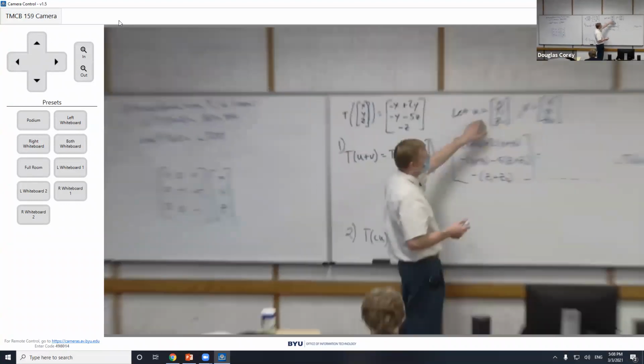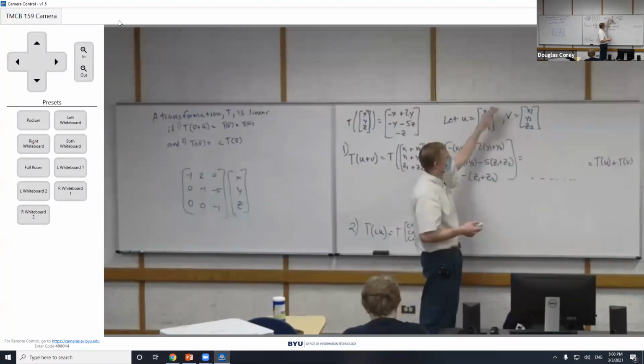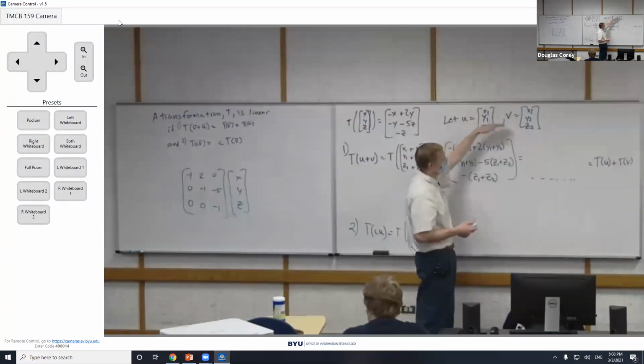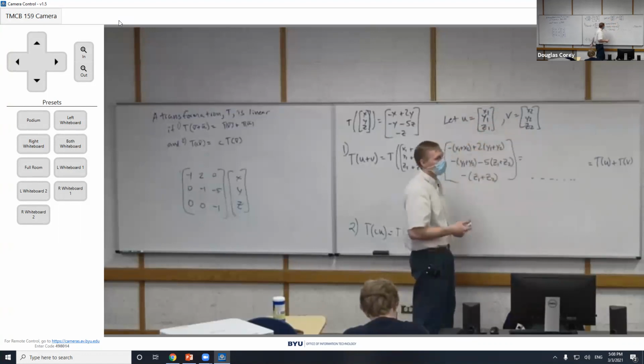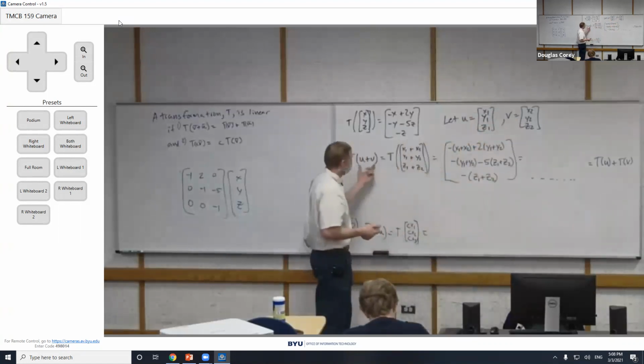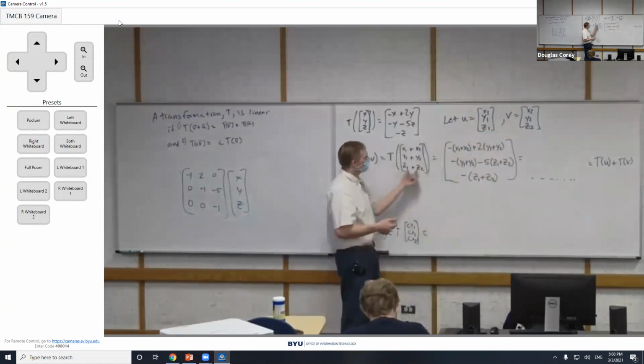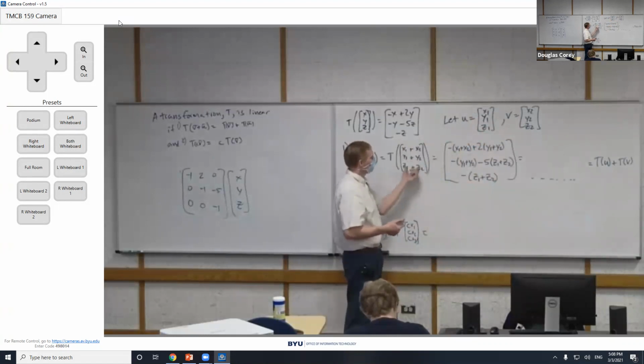I'm going to pick u and v, and I'm going to let them be just two arbitrary vectors, x1, y1, z1, x2, y2, z2. And u plus v is going to be this thing, the two x's added together, the two y's added together, the two z's added together. And now I'm going to put these in the transformation. So this transformation, the new x takes the old x, subtracts it, and adds 2 times the old y.